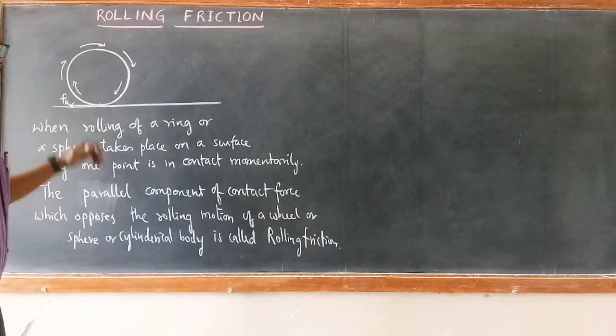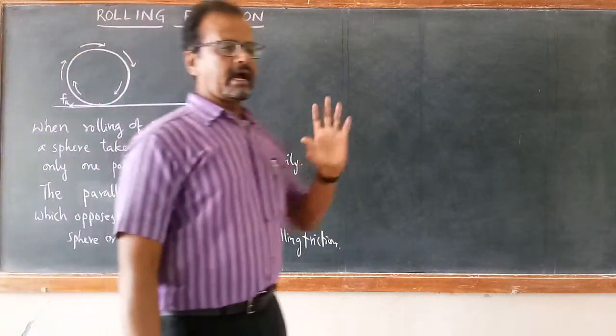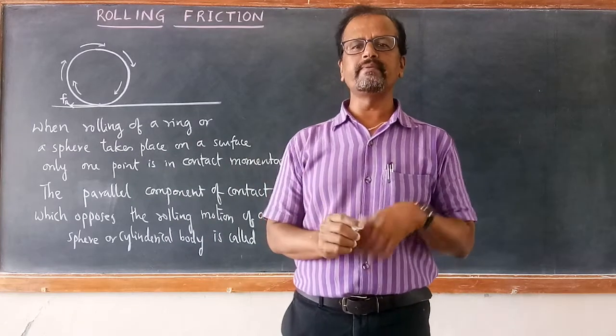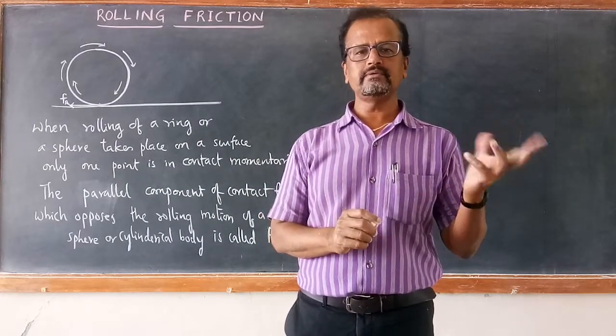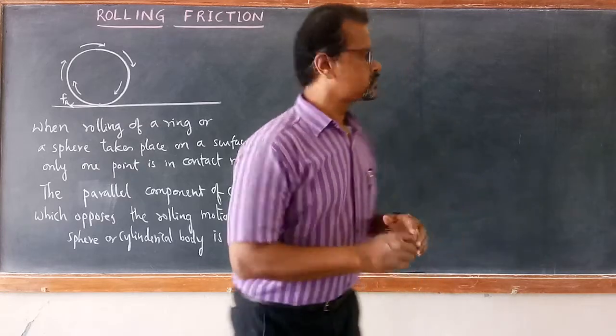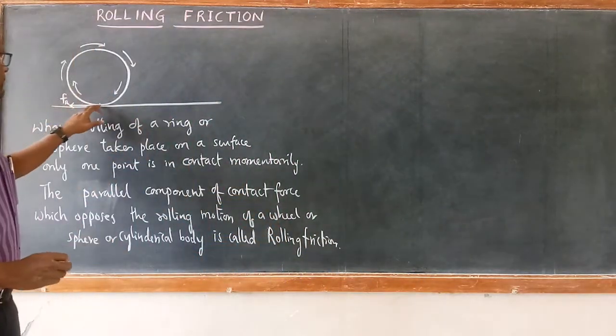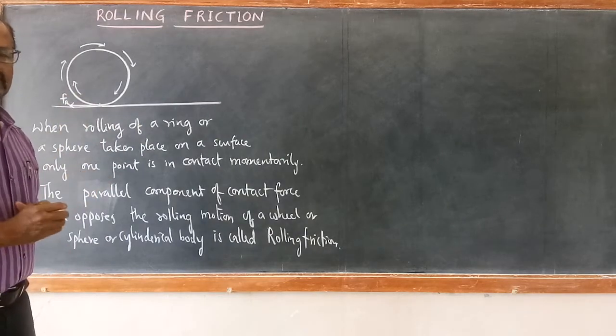If you consider static friction, kinetic friction and rolling friction, rolling friction is going to be very, very minimum compared to those two. The reason is only a finite area is coming in contact.